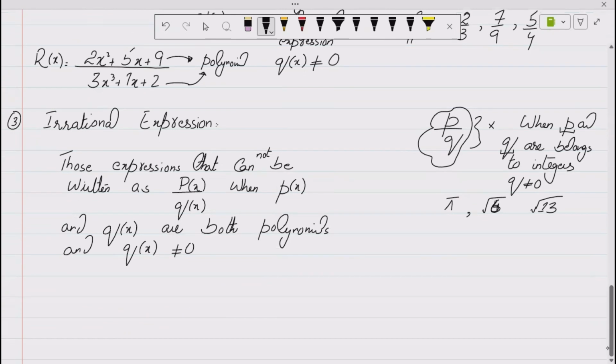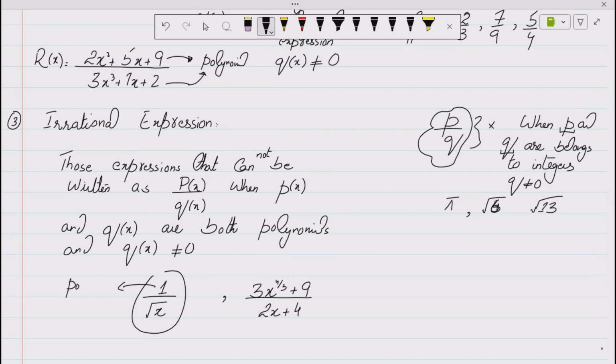What are examples of irrational expressions? Examples are 1 upon root x, and 3x + 4 upon 3 + 9 divided by 2x + 4. Why is this not a rational expression but an irrational expression? Here you can see 1 is a polynomial, it's just a number.